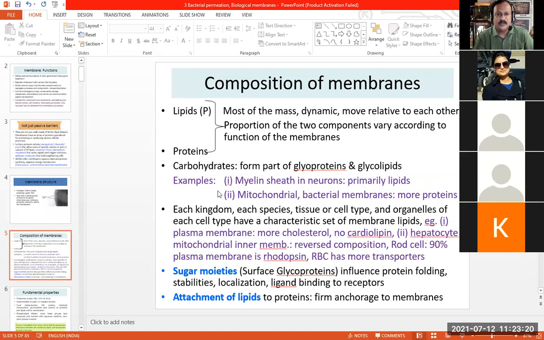Then let us go to the next part that talks about the chemical or biochemical composition of the membranes. There are essentially 3 types of biomolecules in the membrane: lipid, protein, and carbohydrate. All 3 components are there, but the relative amounts vary in different membranes. For example, the neuronal cell membrane, liver cell membrane or RBC membrane will have variation in the relative abundance of each of these components.